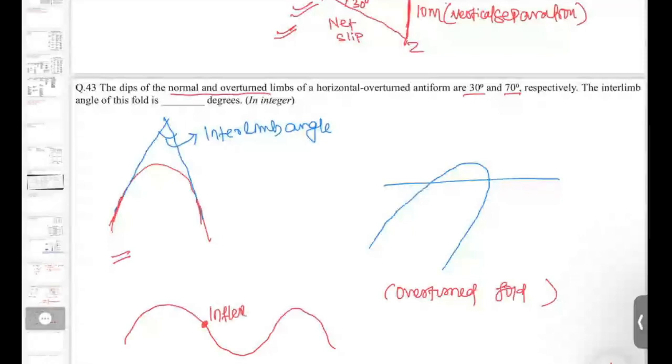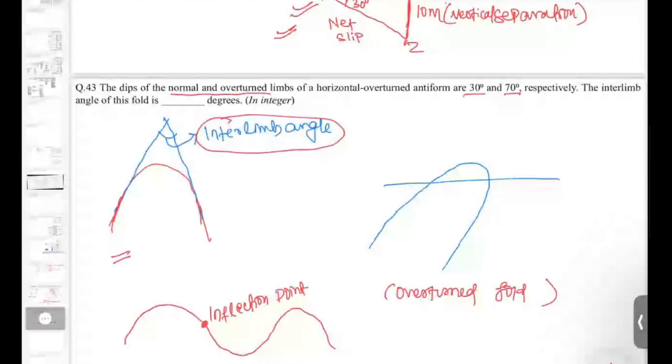Yeah, that is the point of zero curvature. Okay. So if you draw two tangents of a fold, in two opposite limbs, the angle between those tangents is called the interlimb angle.